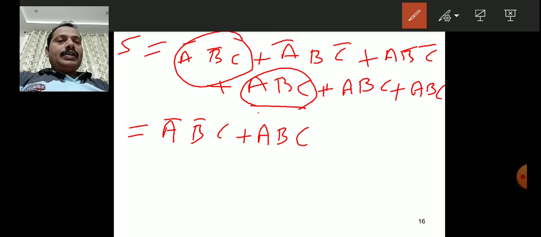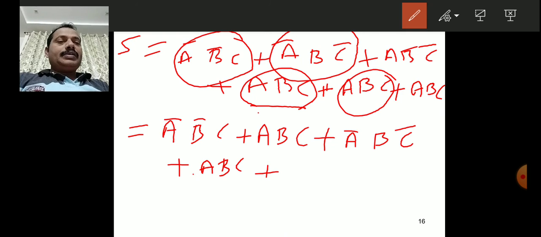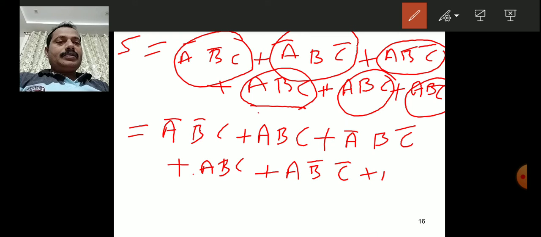Next, let us write plus this term and this term side by side: A bar B C bar plus A B C. Next, this term and this term, let us write in one place: A B bar C bar plus A B C.